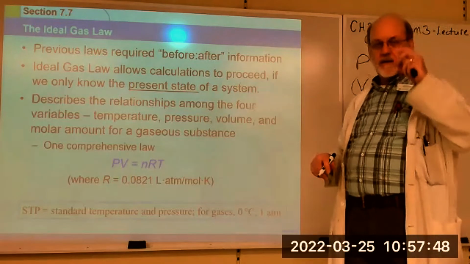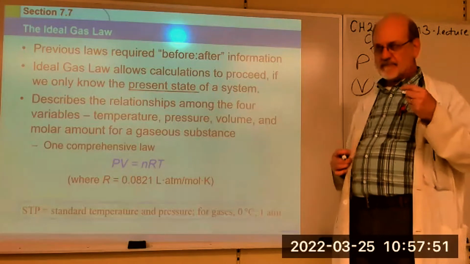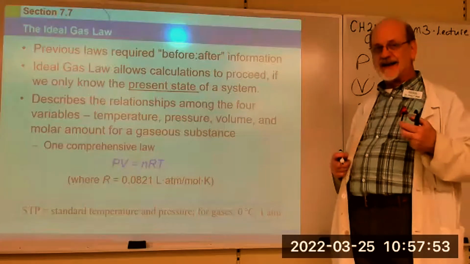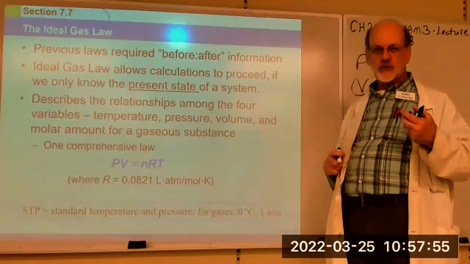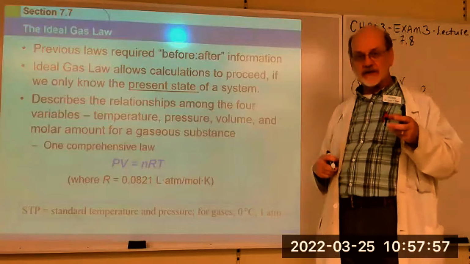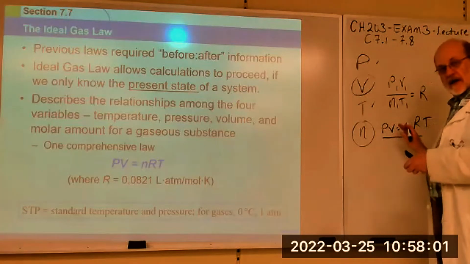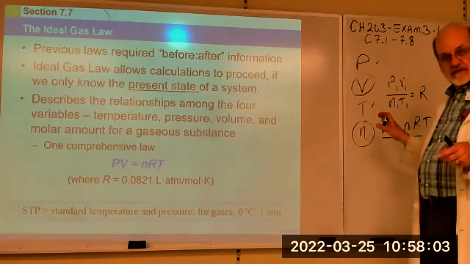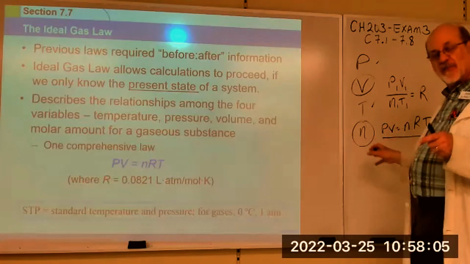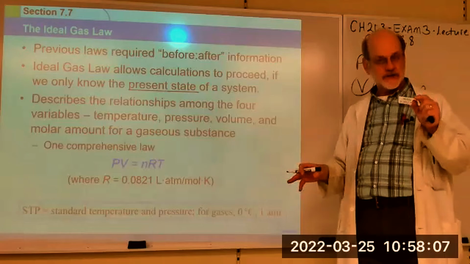Now, the one rule that you cannot violate, well, actually 2 rules. Temperature has to be in Kelvin. But whatever the units of measure are here have to be strictly enforced based upon the units for the constant.